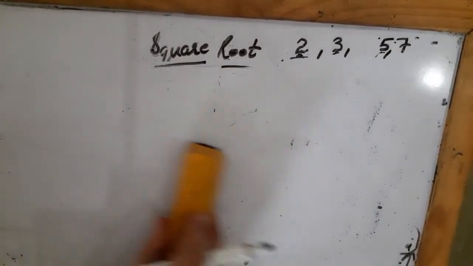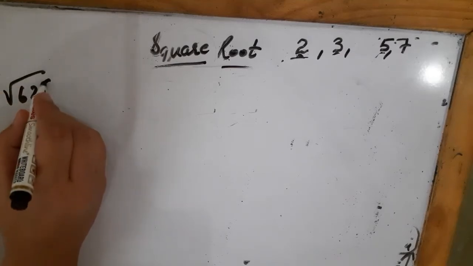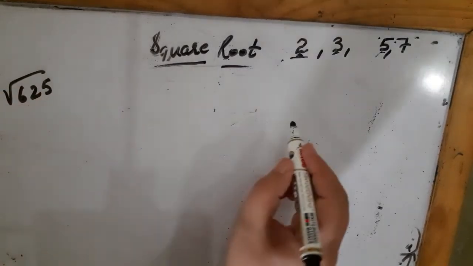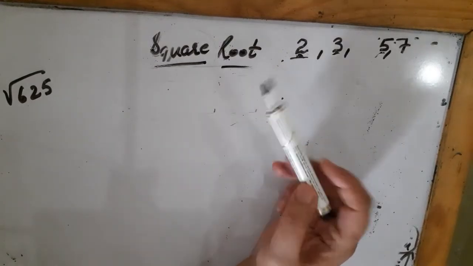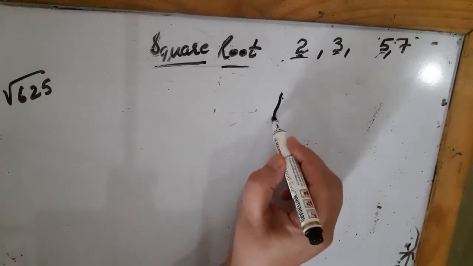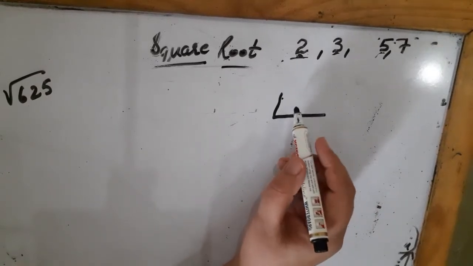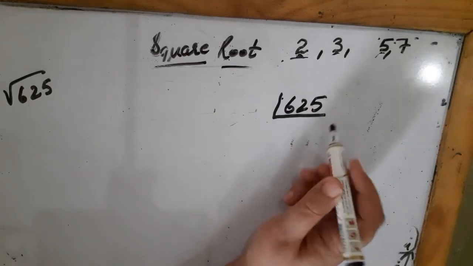I'll take a bigger number, let me take the number 625. So what did I say? I don't know which number multiplied by itself will give you 625. So what I can do is take out the prime factors of 625.